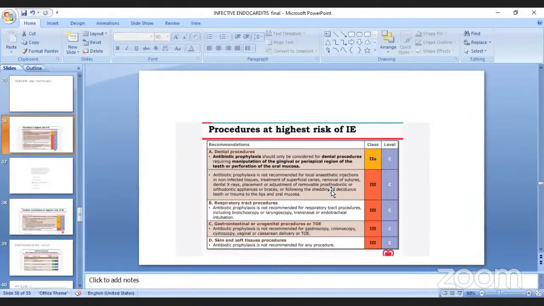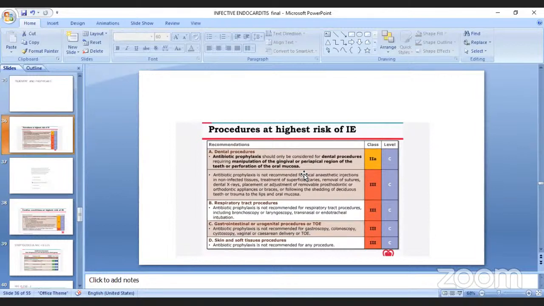Because there are some recommendations set by the ESC, the European guidelines. What they say, and this is a class 2A recommendation, is that antibiotic prophylaxis should only be considered for dental procedures requiring manipulation of the gingival or periapical region of the teeth or perforation of the oral mucosa. Please don't give antibiotic prophylaxis if the patient has gone for a dental procedure like scaling.